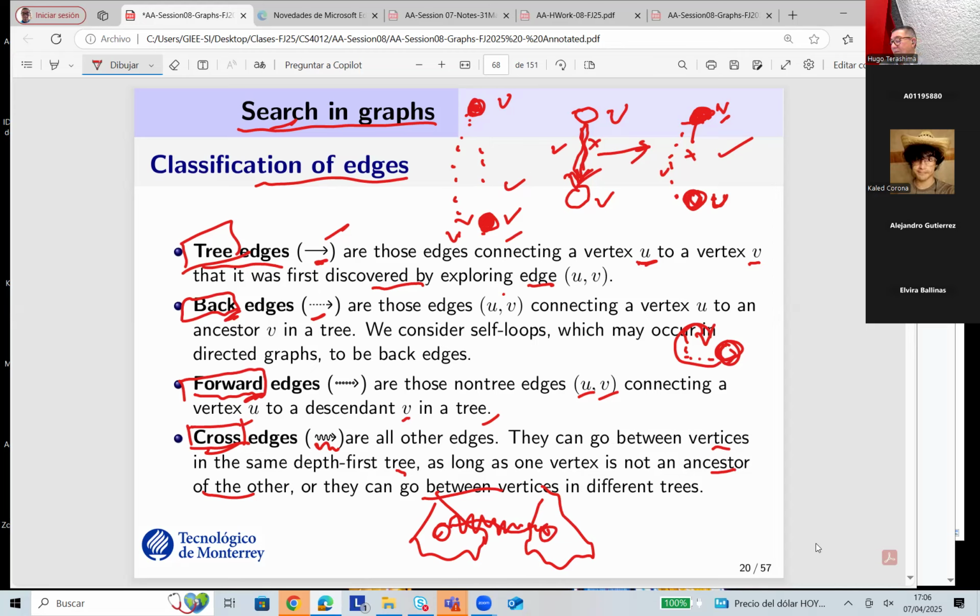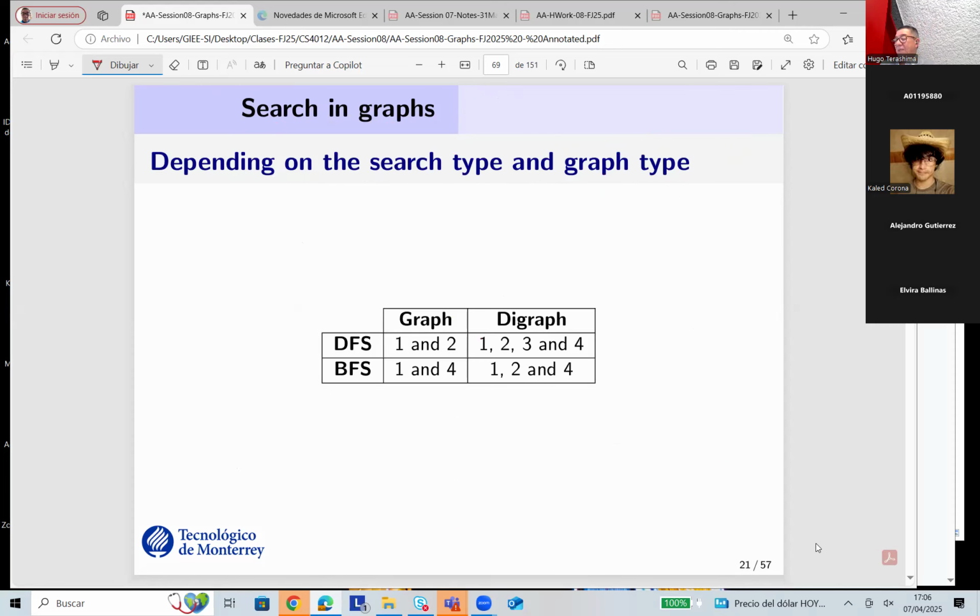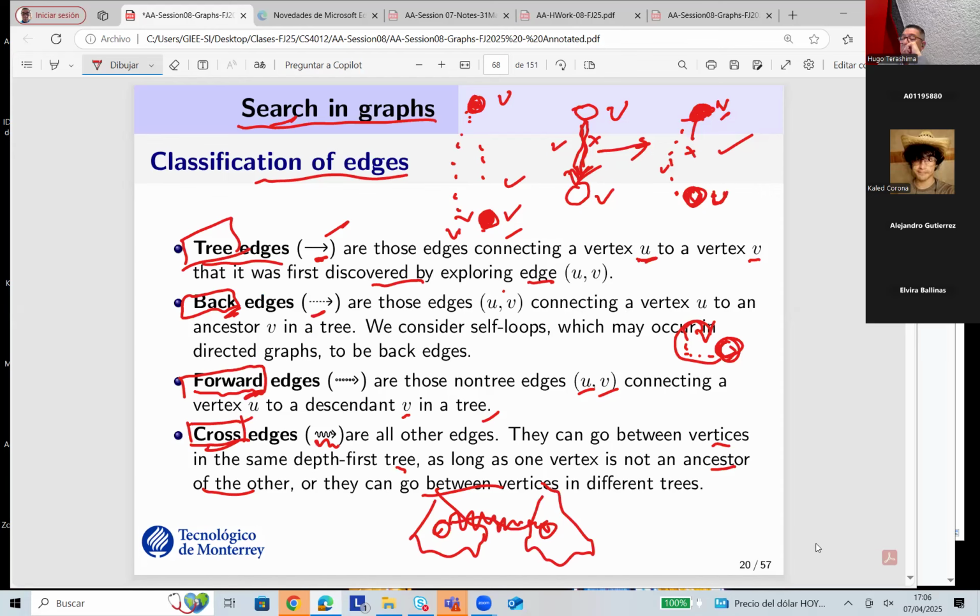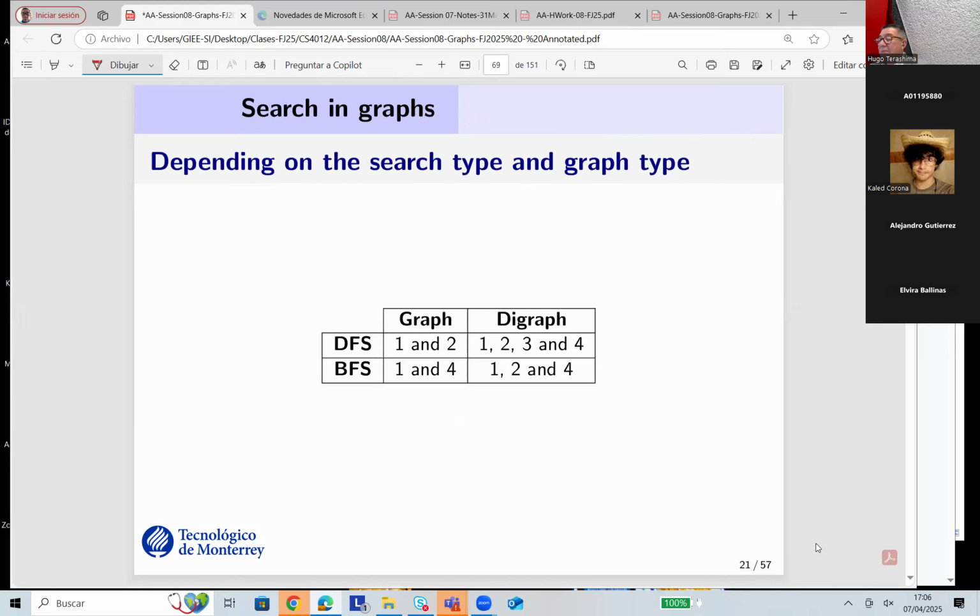And now, observe this. Let us suppose that you have the tree edge, back edge, forward edge, cross edge, and where can I find these kinds of edges? Let us observe this.